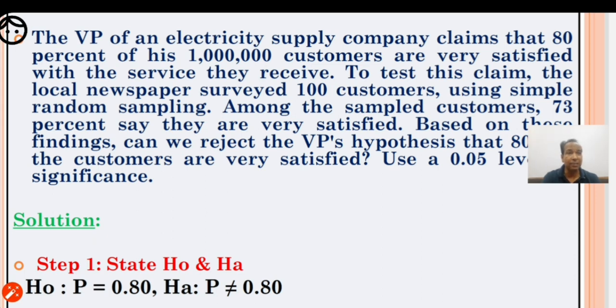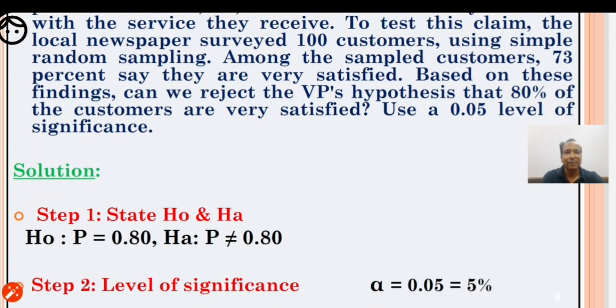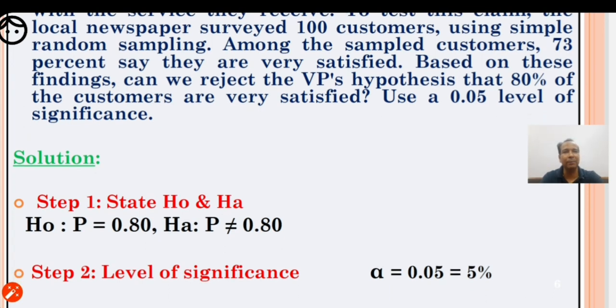To test this claim, the local newspaper surveyed 100 customers using simple random sampling. Among the sampled customers, 73% say they are very satisfied. Based on these findings, can we reject the vice president's hypothesis that 80% of the customers are very satisfied? Use a 5% level of significance.